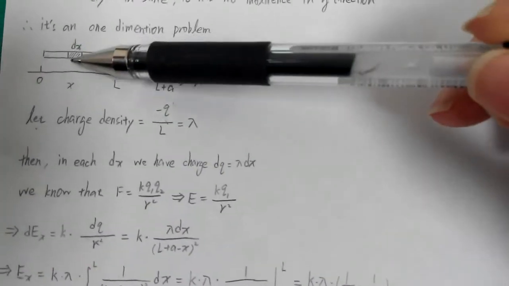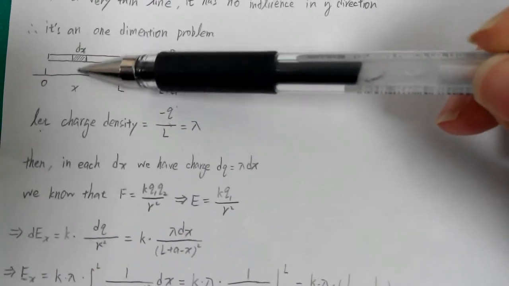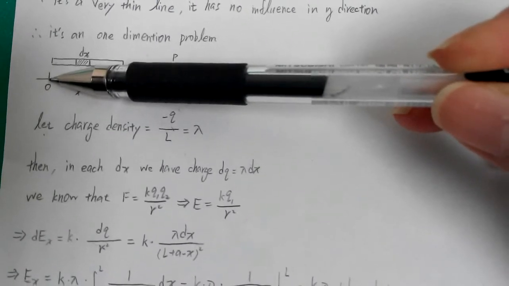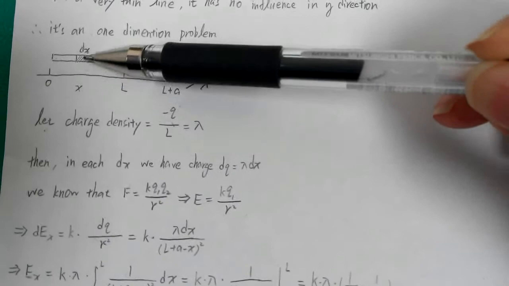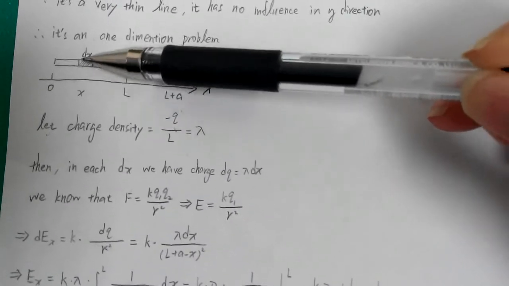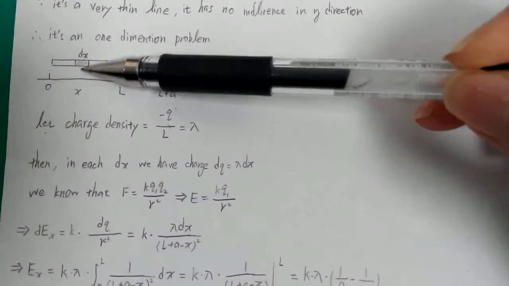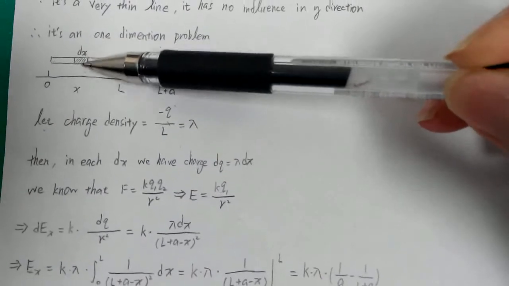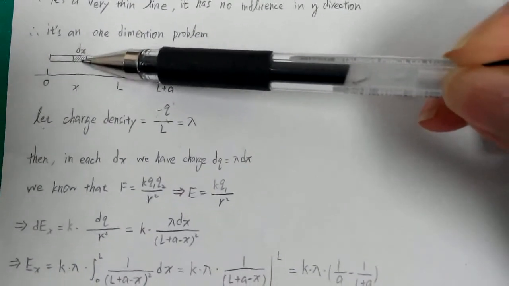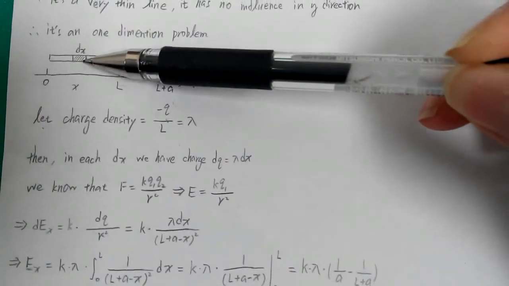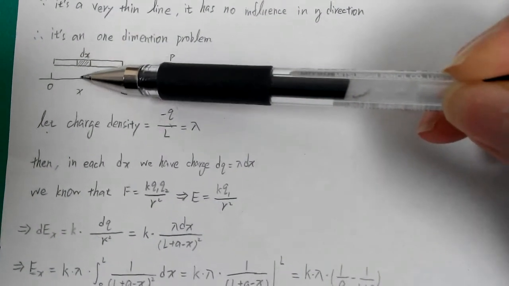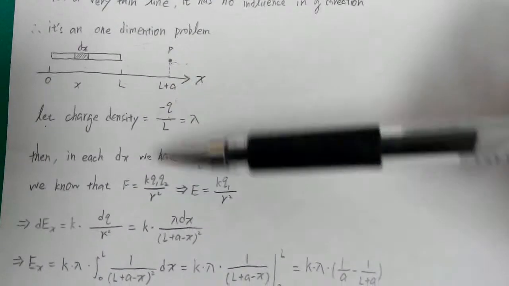If this position is x, because we are going to integrate from 0 to L, at this x position we have the charge, because now it's negative, so I just say charge. The charge is dq, then the electric field will be k dq to this position.